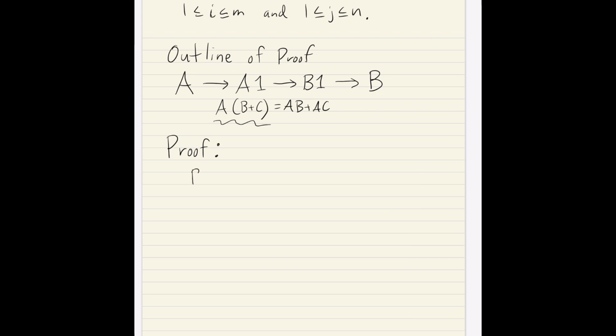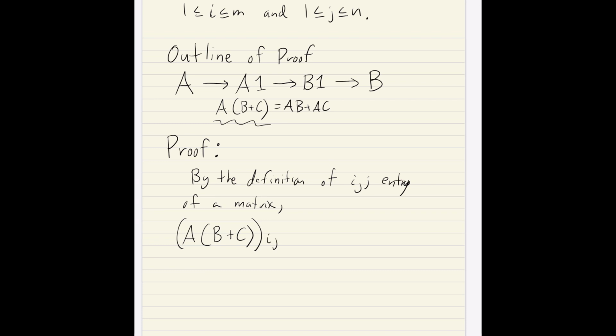By the definition of the IJ entry of a matrix product, we can turn the product A times (B plus C), with a little IJ to the right of it, into a sum, and we use the big sigma notation. This is in the book, the definition of the sum that defines the elements in a matrix product.